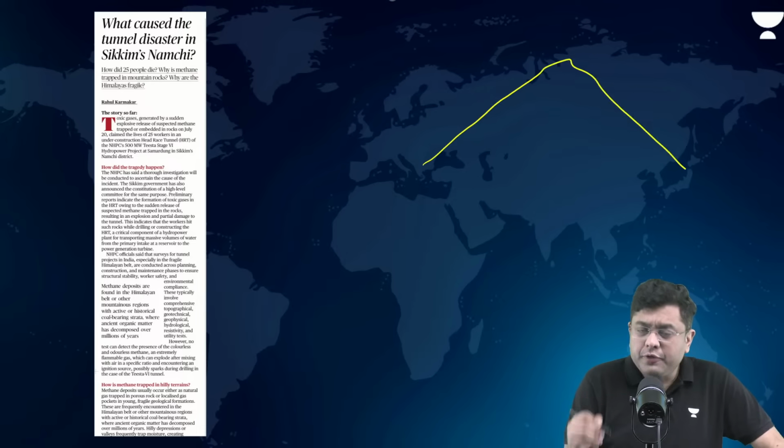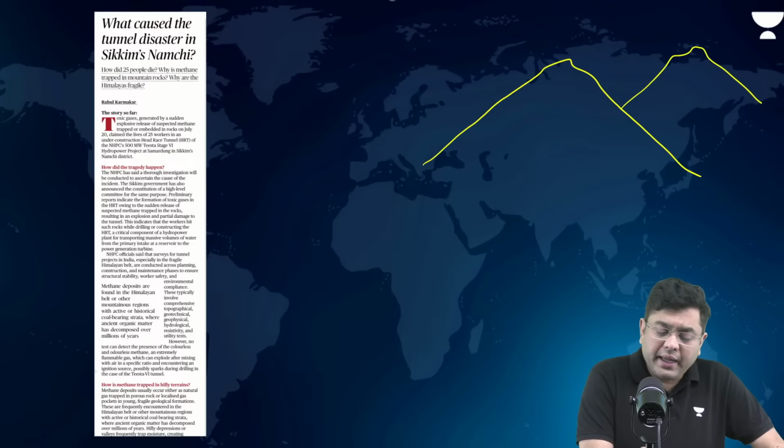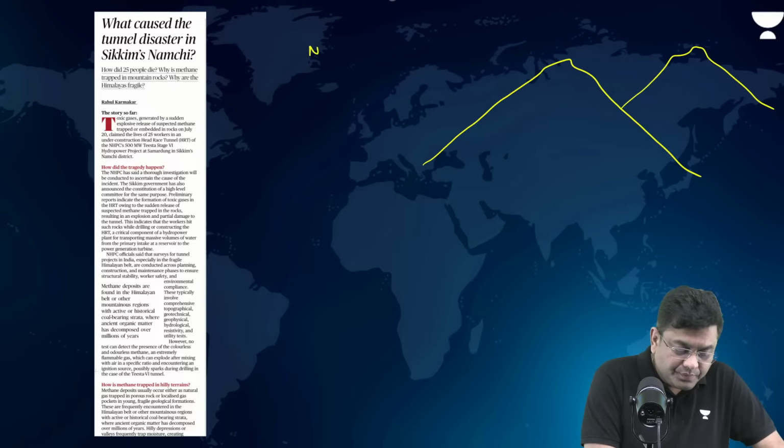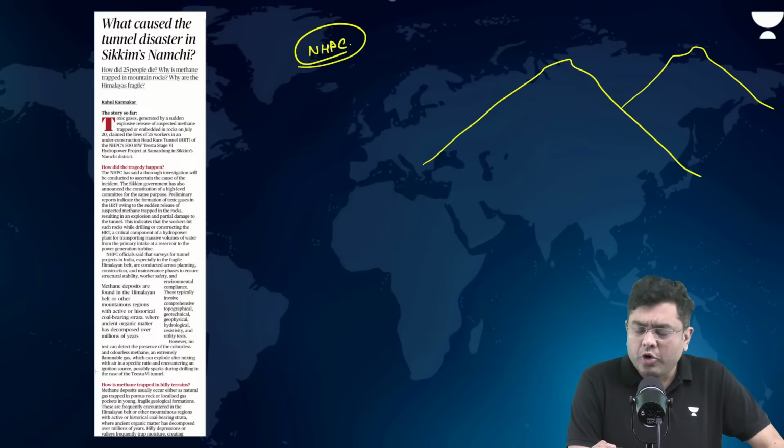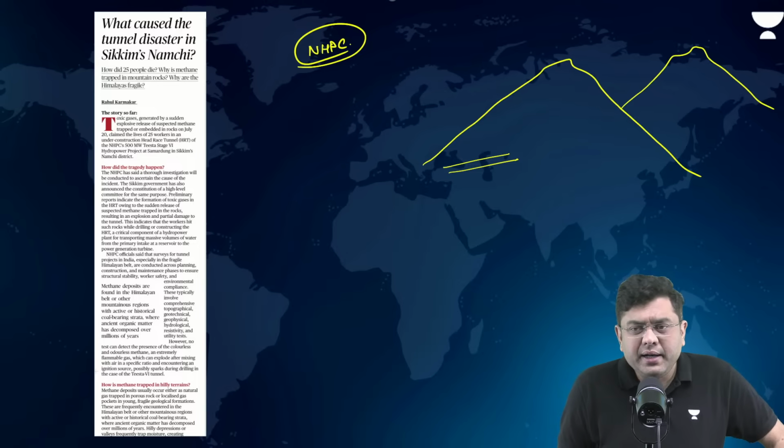What was the disaster? Now, basically, just to give you a broader idea, in the mountainous ecosystem, you had the NHPC, right? National Hydroelectric Power Corporation. It was digging a tunnel. Why does the NHPC need to dig a tunnel?